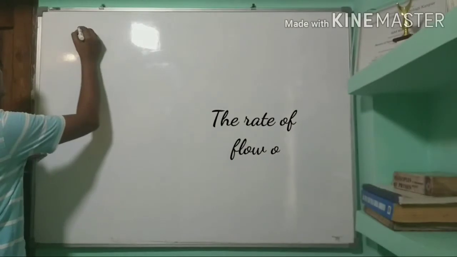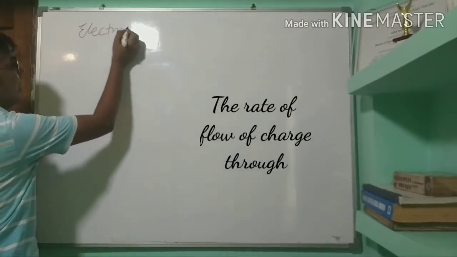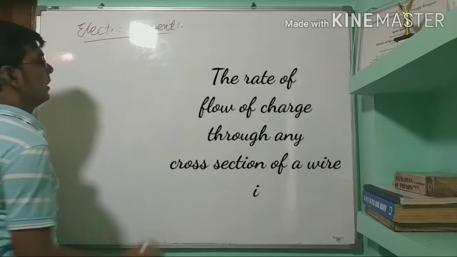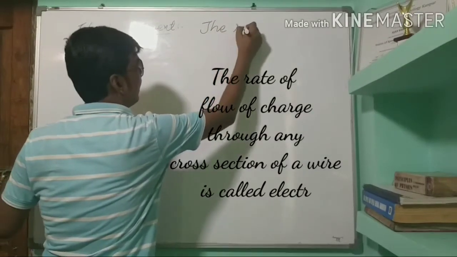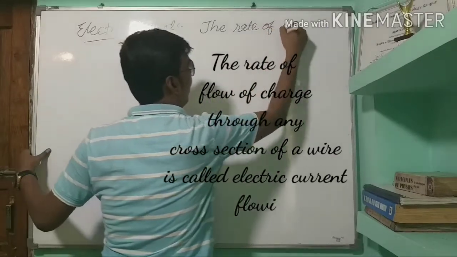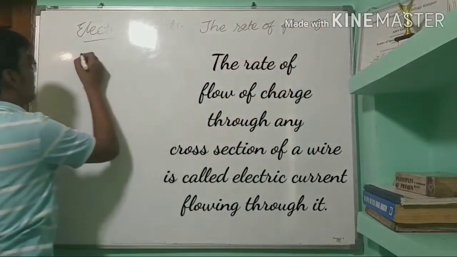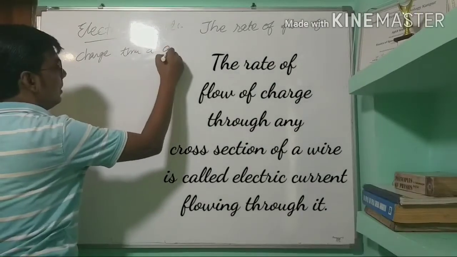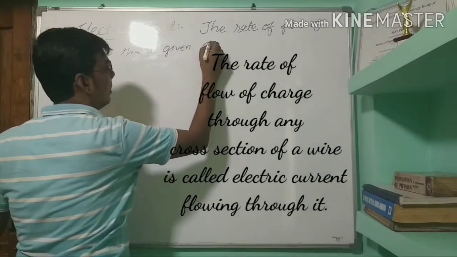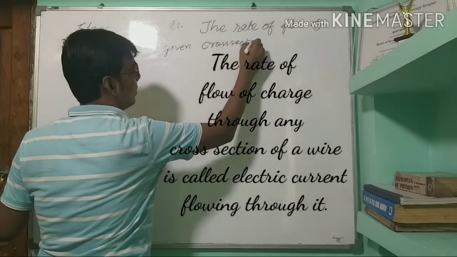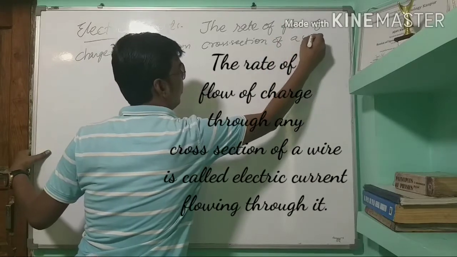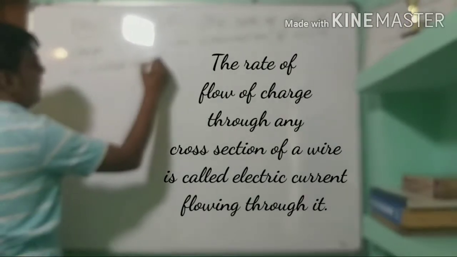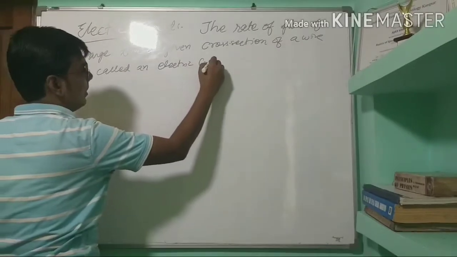Electric current: the rate of flow of charge through a given cross section of a wire is called an electric current.